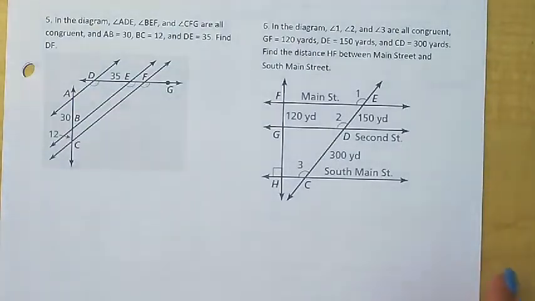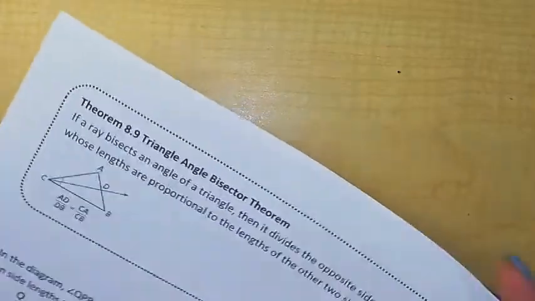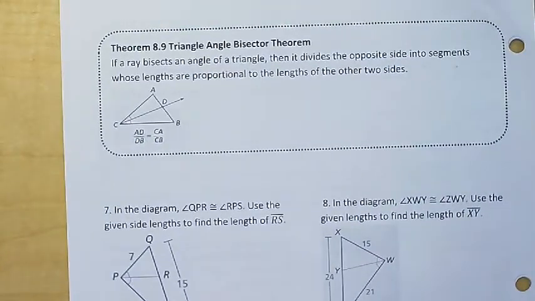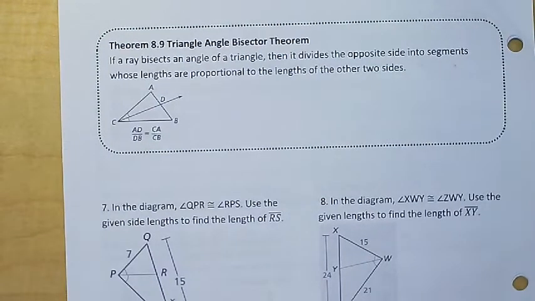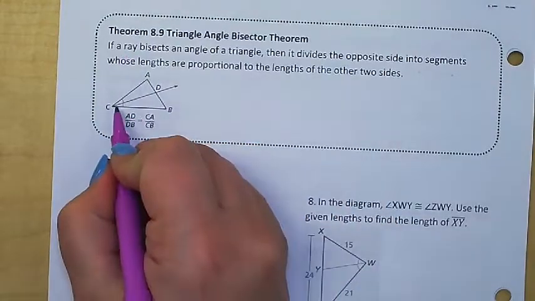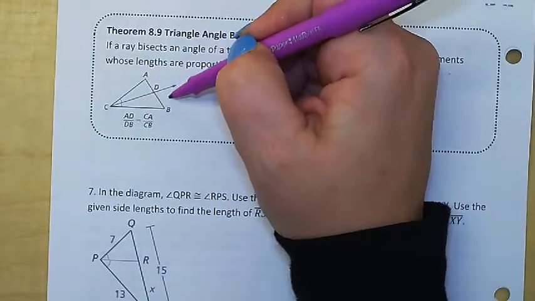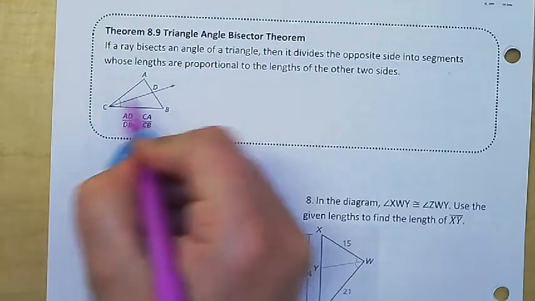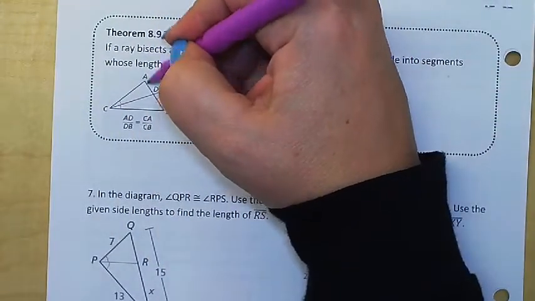We did have one more to talk about, and it's very similar, but this one does have to deal with our triangle angle bisector. So this one is all about an angle bisector and the two segments that are created when that angle bisector intersects the third side.